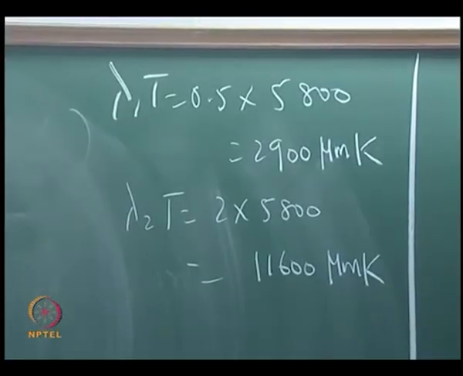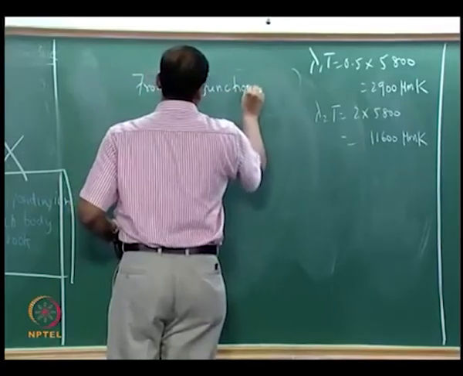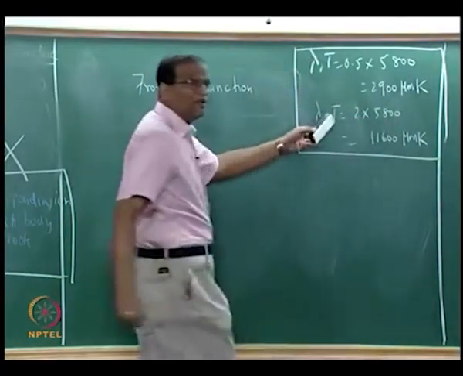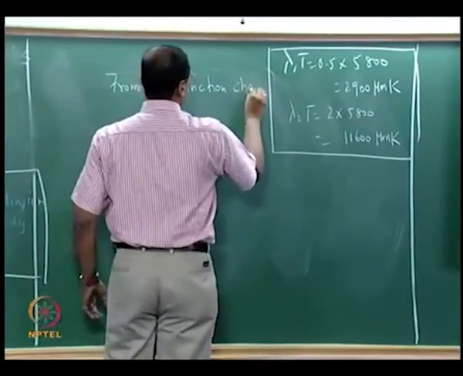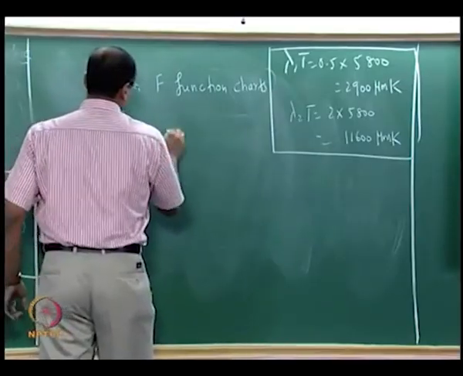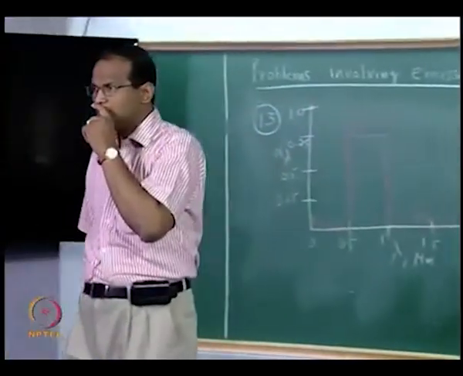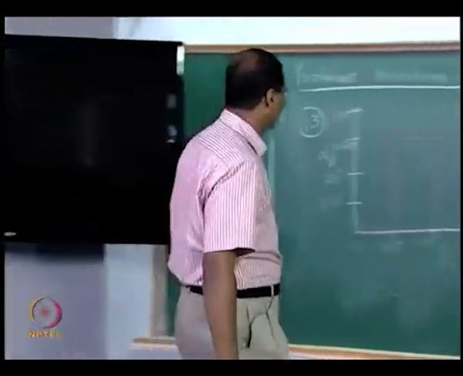Okay, now please tell me f of 0 to lambda. Just keep it in the margin first. Do this from the f function charts. How much is this? Oh, 1 is also there.